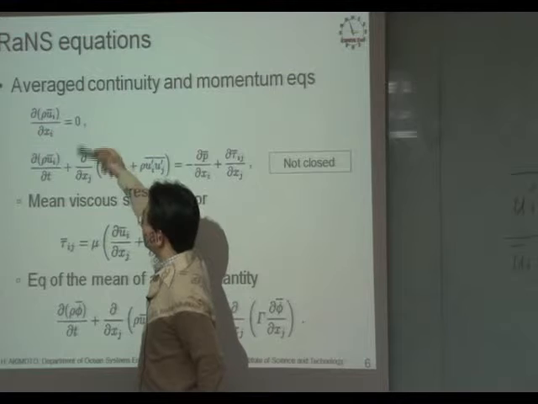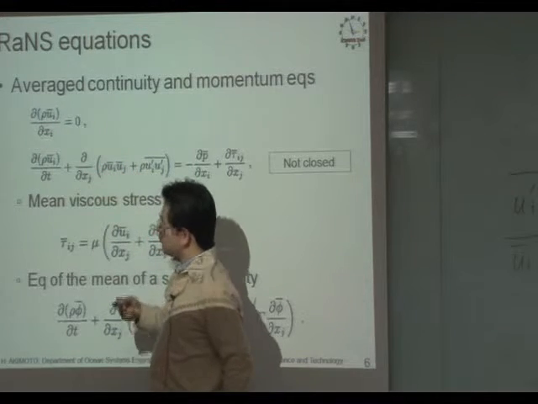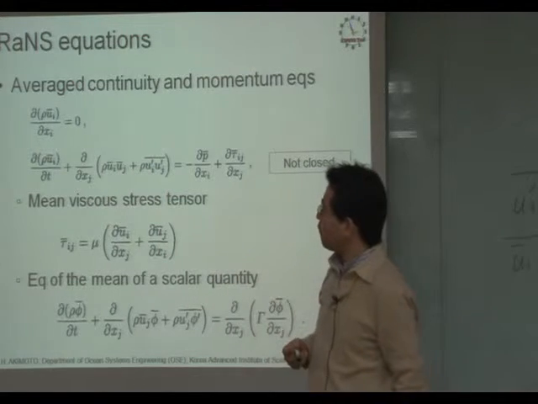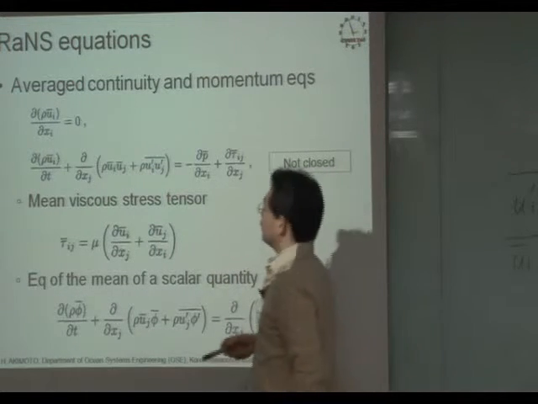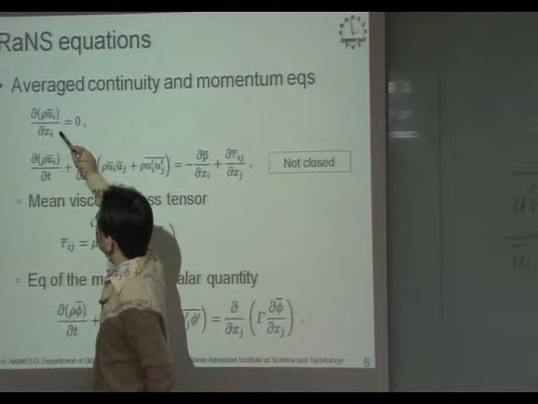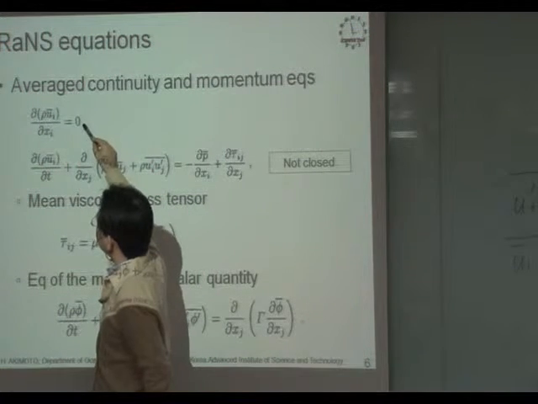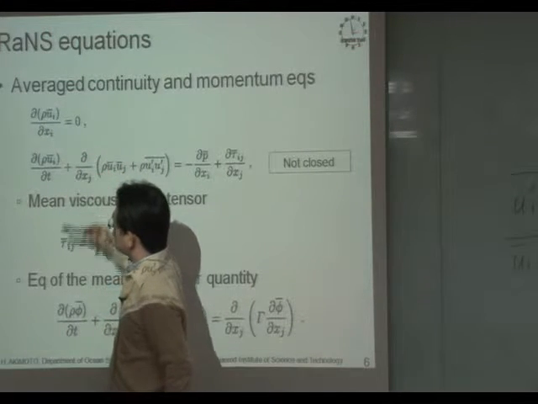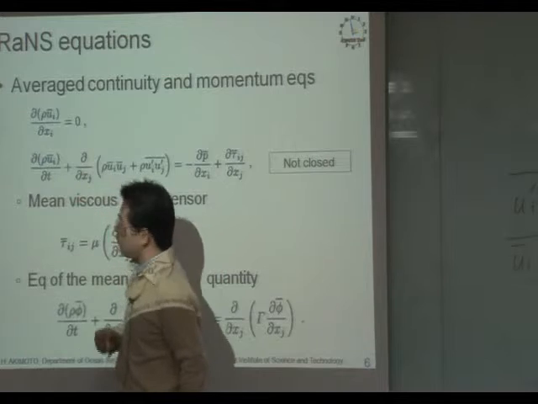Actually, in the three-dimensional case we have four equations. This part is only one equation, and the second one is a vector form equation.